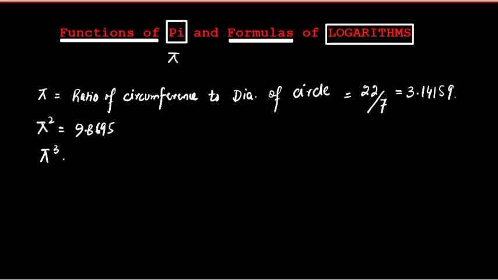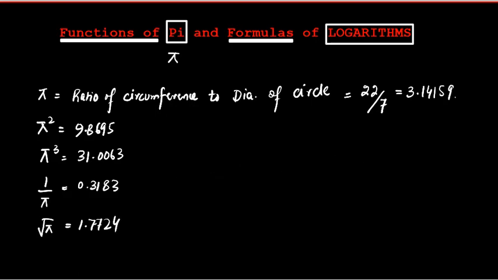That is going to be helpful for you whenever you do some sort of calculations wherever the function of pi is involved. So pi cubed is equal to 31.0063, and 1 by pi is equal to 0.3183, and under root pi is equal to 1.7724, right?